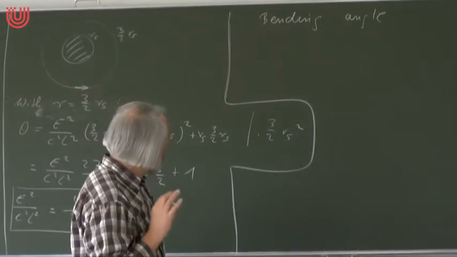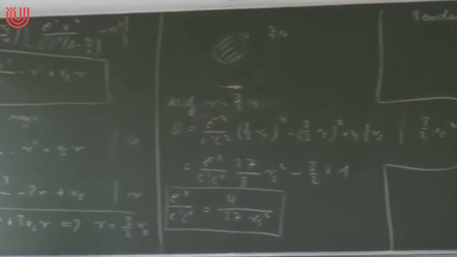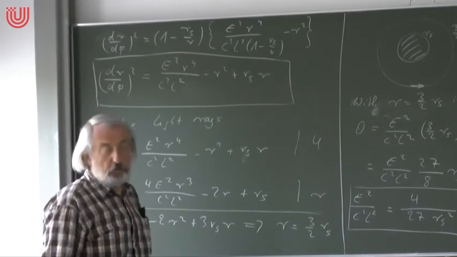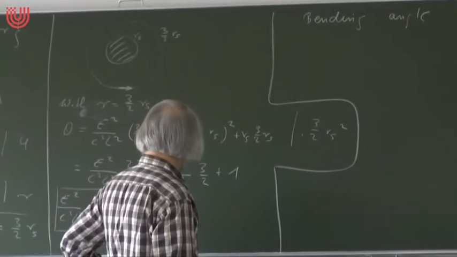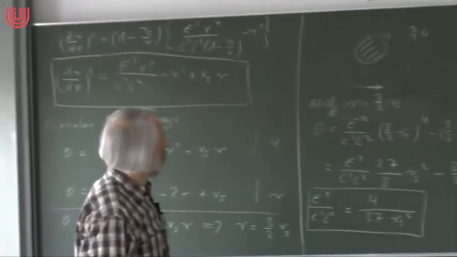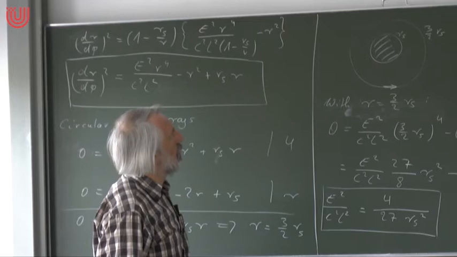But there is an exact formula for the bending in the Schwarzschild spacetime, which just gives the bending angle in terms of an elliptic integral, which isn't too bad. So it's not a formula in terms of elementary functions, but it's a formula in terms of an elliptic integral, which is equally well.